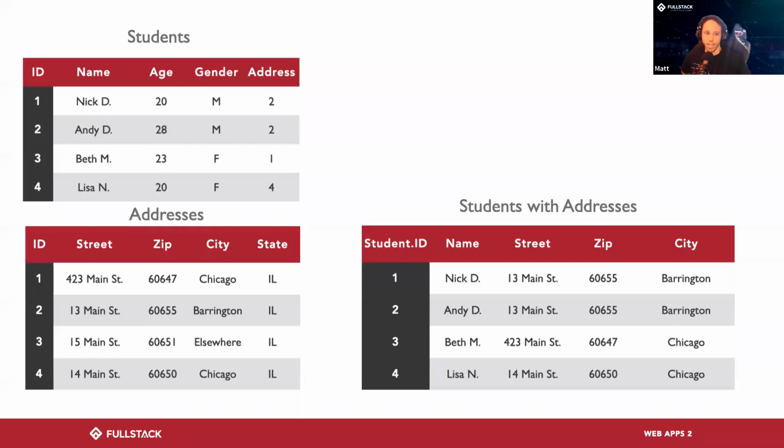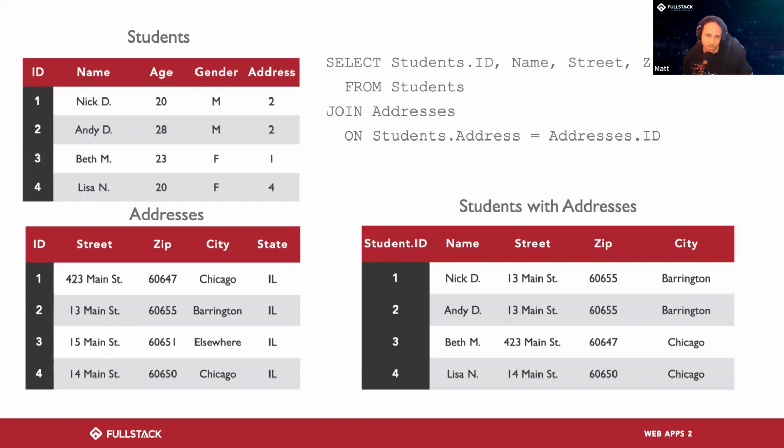So let's see how you would write that in SQL. So you would select the students.id, that's the ID from the students table, right? I have to be specific now because everything has an ID. And I choose the name, the street, the zip, and the city, right? Give me all of the columns that I'm looking for. From the students table. Now here's where I have to join. I'm joining the addresses table. And what am I joining it on?